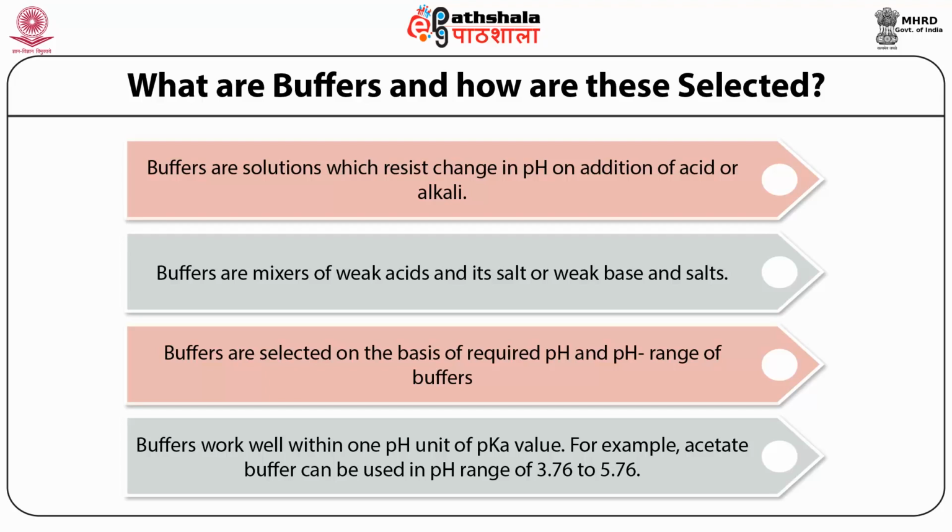and this is how we will know from the pK value, which I explained earlier, that this will be used for selecting a buffer. For selecting a buffer, it is essential to know what is the pK value of its weak acid or weak base.